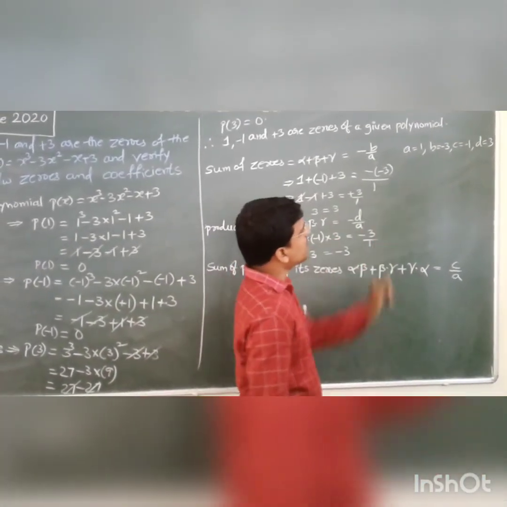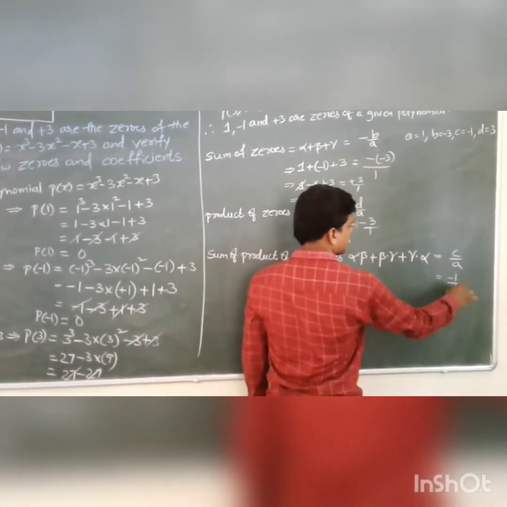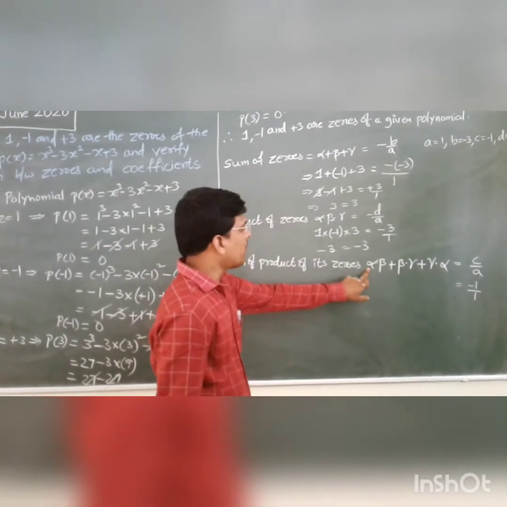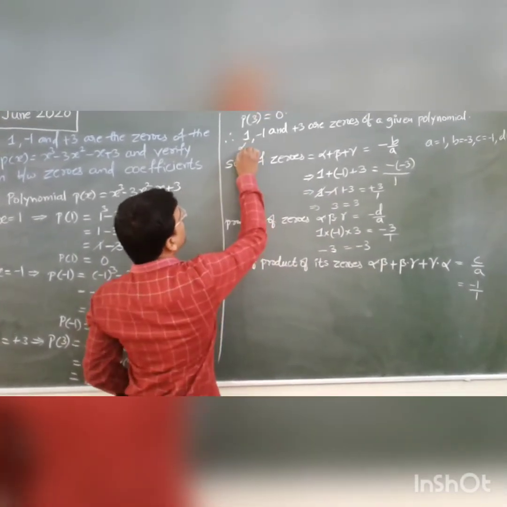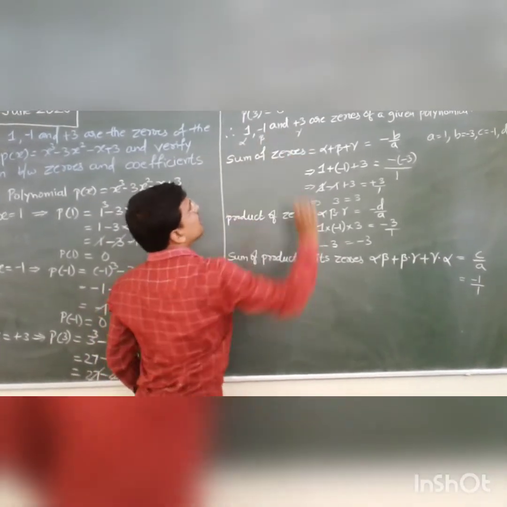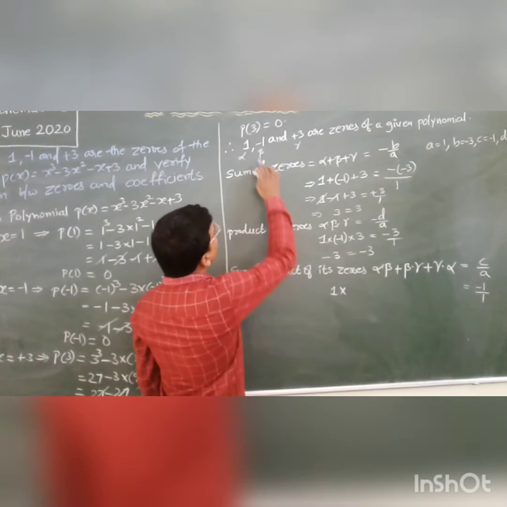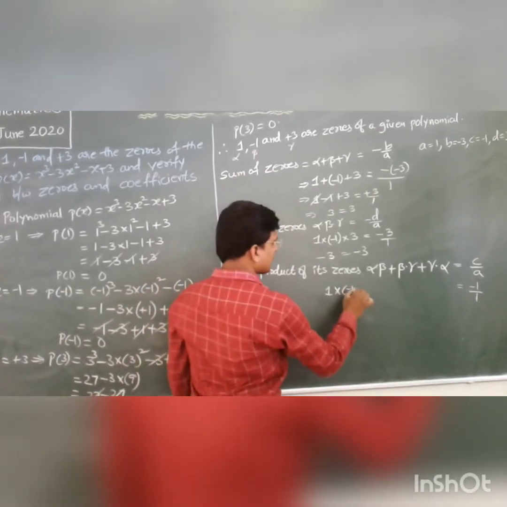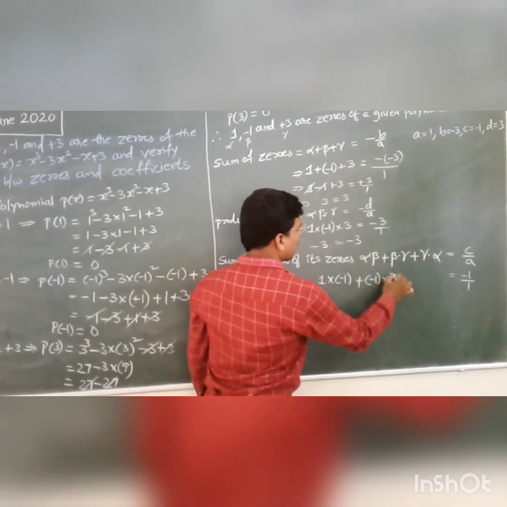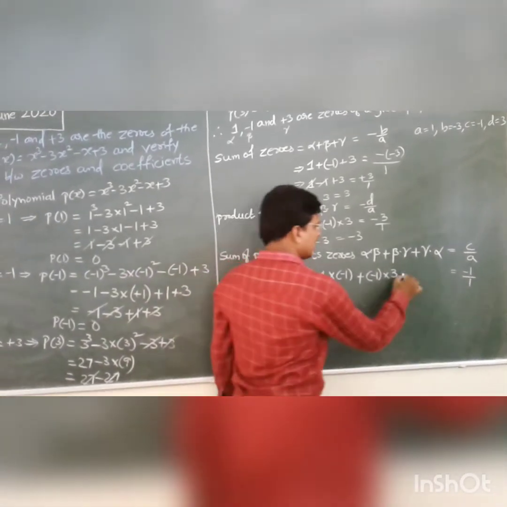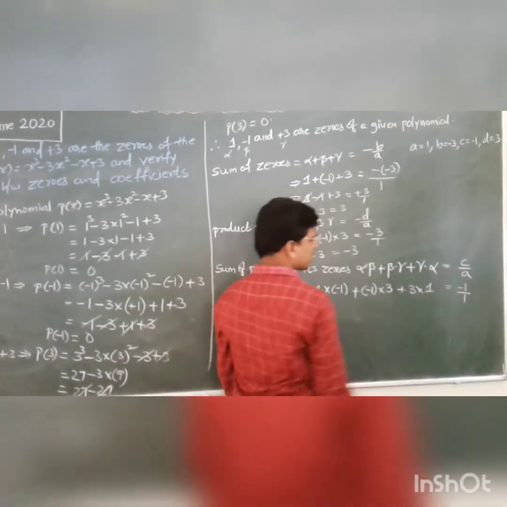So what is the c there? c value is minus 1, a value is what? 1. Next, alpha into beta. What is the alpha value? This is the alpha, beta and gamma. So alpha value is 1 into beta value minus 1, plus beta value minus 1 into gamma value 3, plus gamma value is 3, alpha value is 1.